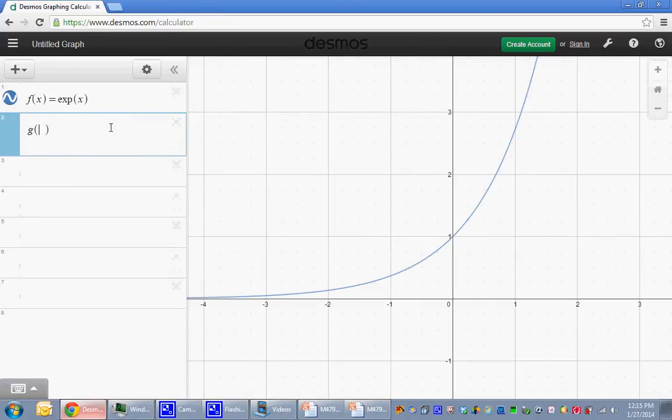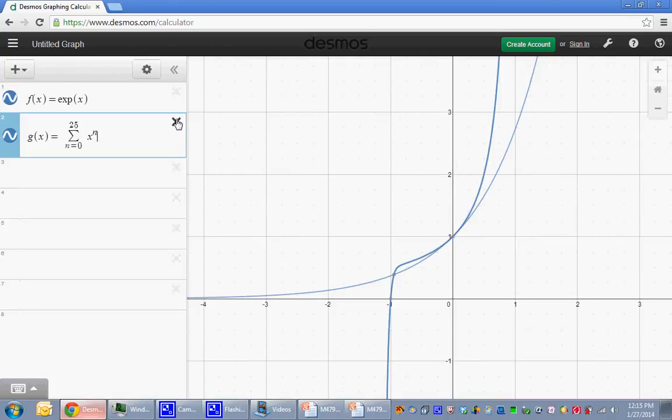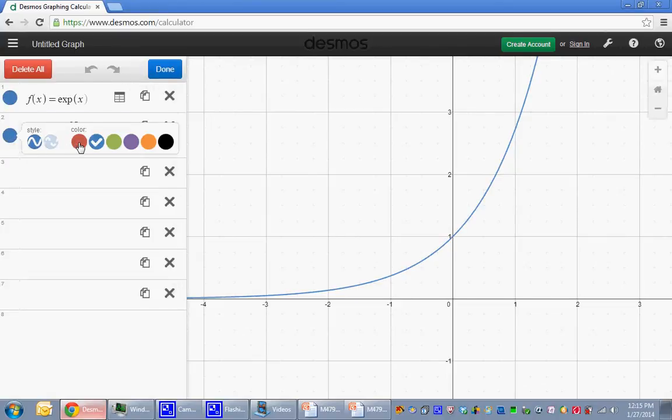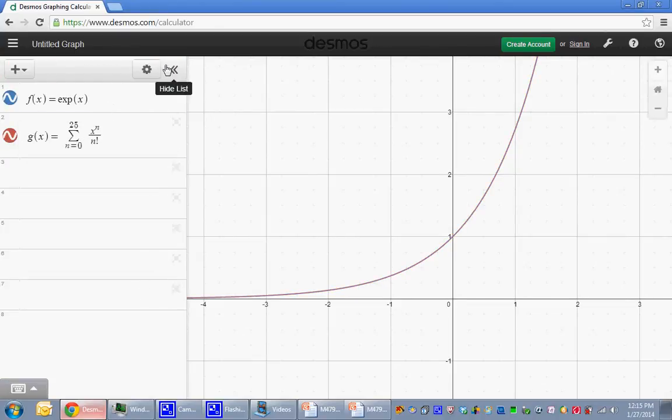And then let's try g of x, which is going to be equal to the sum from n equals 0 up to, we can't put in infinity, so put in a reasonably large number, let's say 25, of x to the n over n factorial. And we better get these colors here so that we can see the difference between the two graphs.